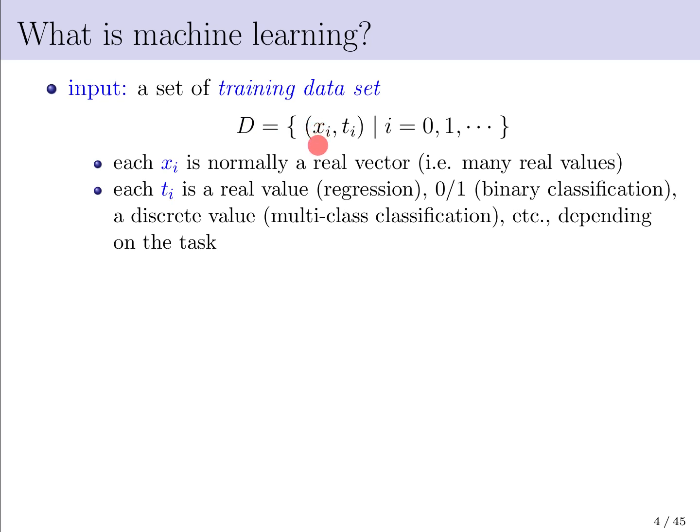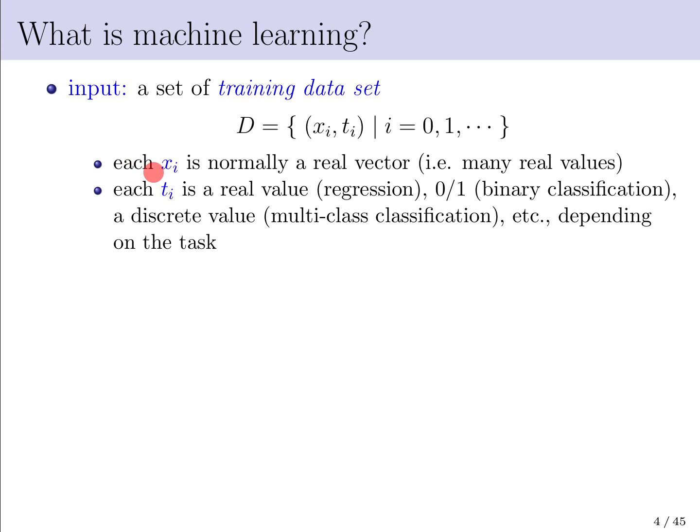Each pair consists of xi, the input to the function you want to obtain by training, and ti, the associated true output for this input. So you are essentially given the input and output of the function you want to obtain by training.